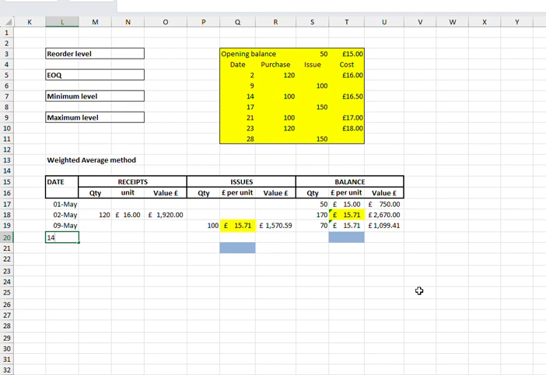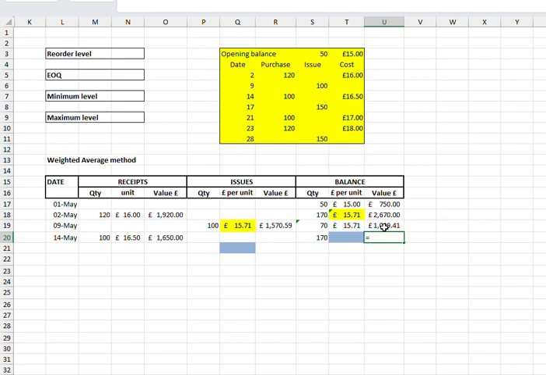Then on the 14th of May, we have another purchase, 100, £16.50. Multiply them together, gives us 1650. So nice and easy, take your balance before 70 and add on your extra 100.